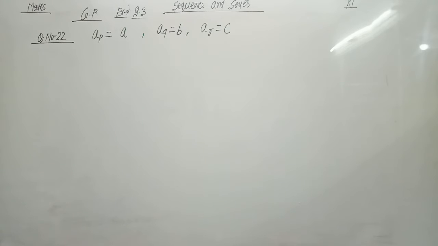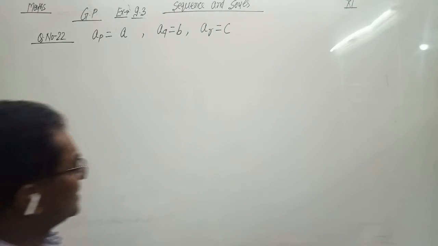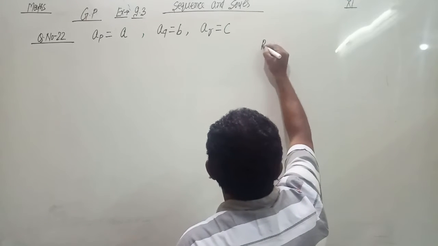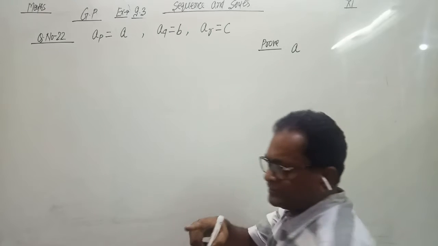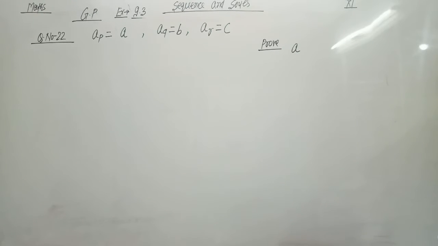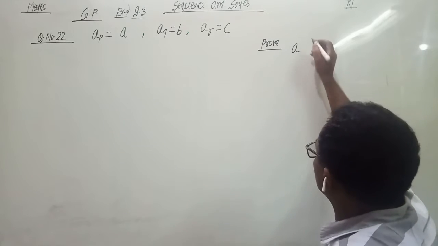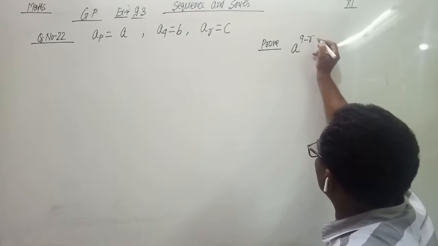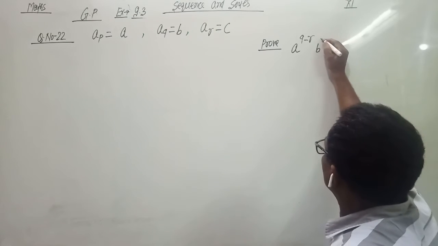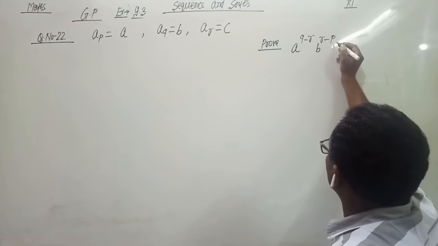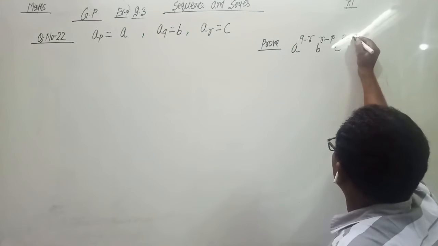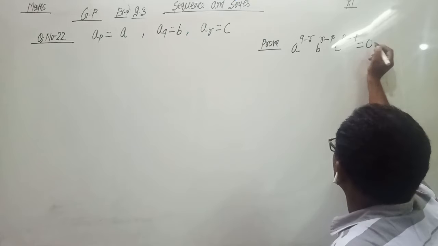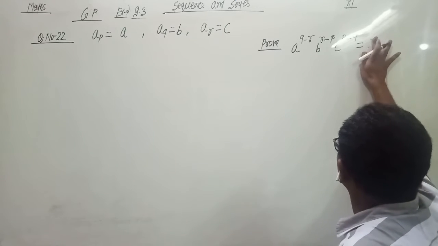Then prove that a raised to the power (q − r), b raised to the power (r − p), c raised to the power (p − q) equals 1.